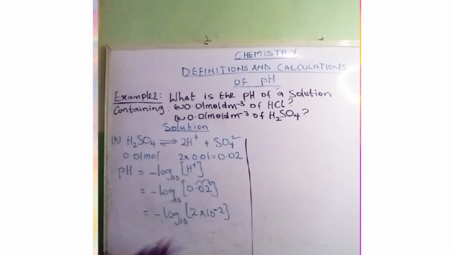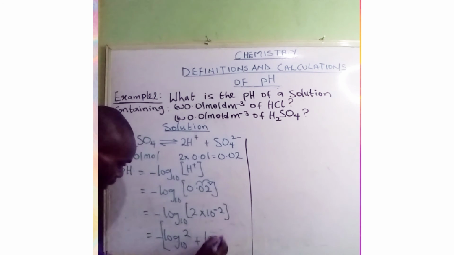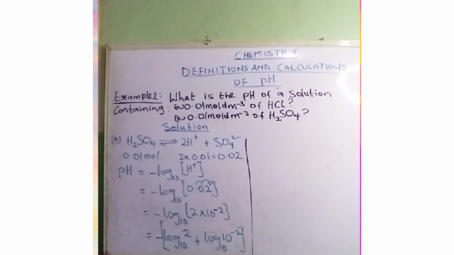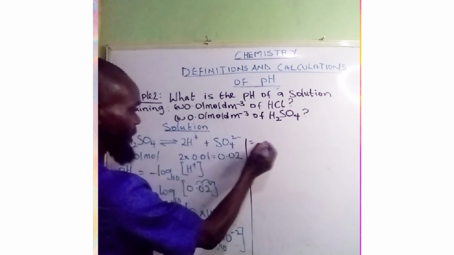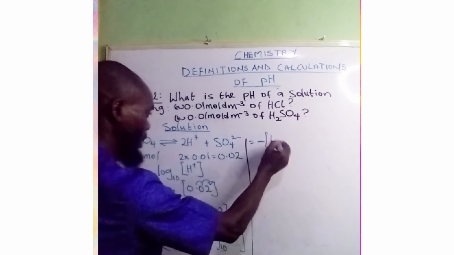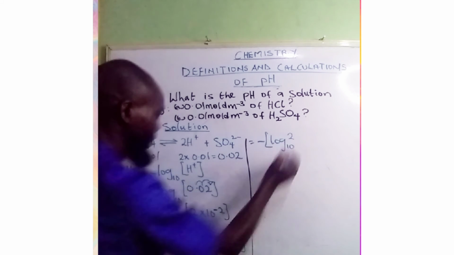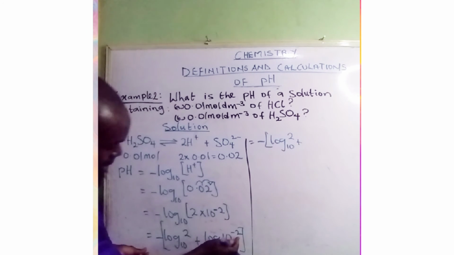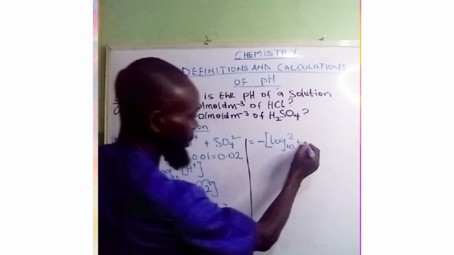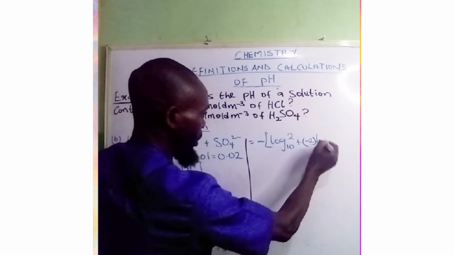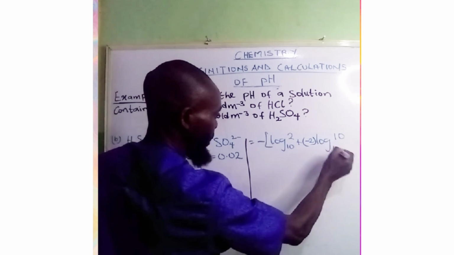So when we open this bracket, we have minus log 2 base 10, open a bracket here, plus log 10 raised to power minus 2 to base 10. So from here, we say pH equals minus log 2 to base 10, then plus, minus 2 here moves forward, we have minus 2 log 10 to base 10.